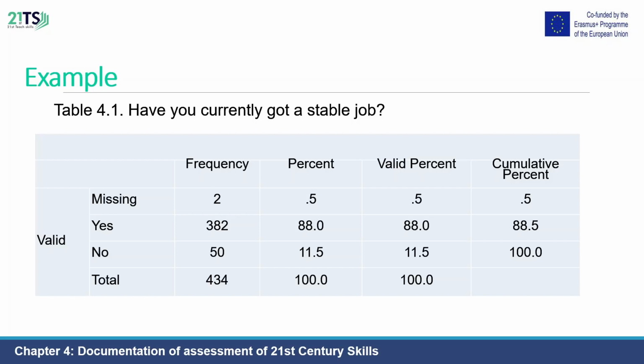So you can see they present the information related to yes or no. And it can be about how many people answer yes, how many people answer no, and how many population joined in this.